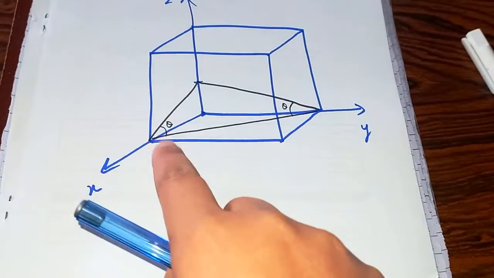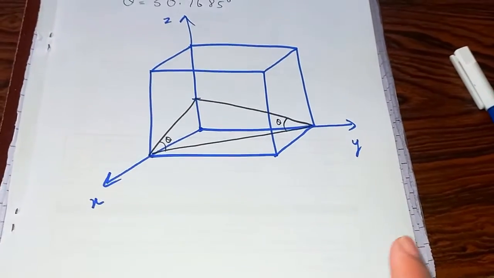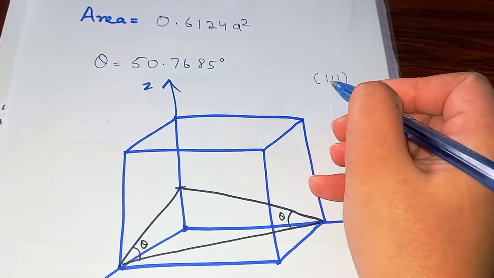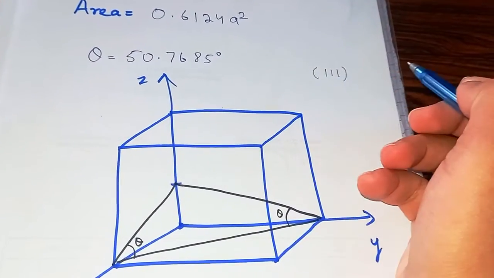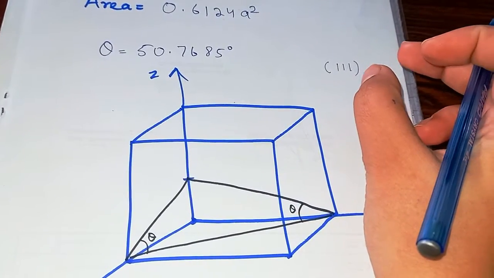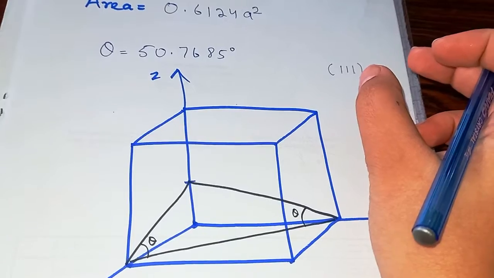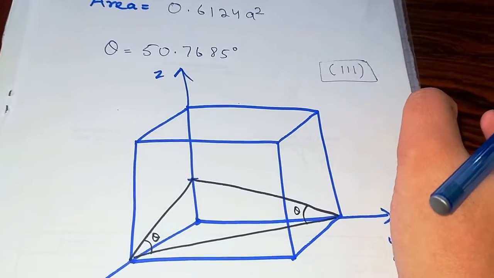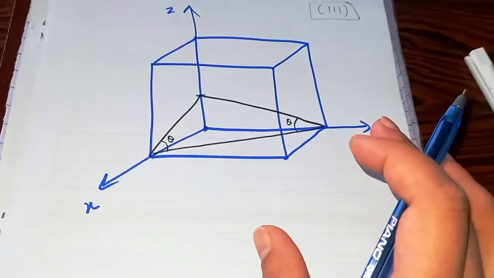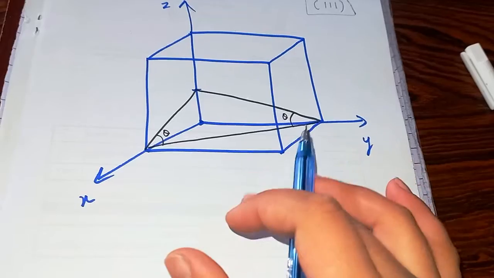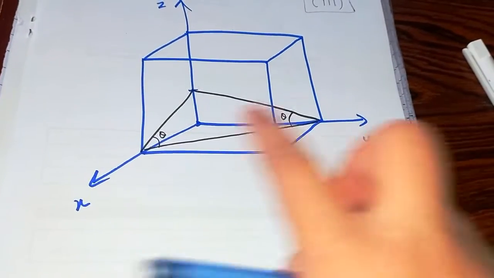Alright, so we'll see how it happens in here, and the similar thing happens with the body centered atom of the 111 plane in body centered cubic structure. We don't include the center atom because the center of that atom doesn't lie on this plane, and that is why we are not including it. So only those atoms are added and their contribution is considered inside the plane whose centers also lie inside the plane.